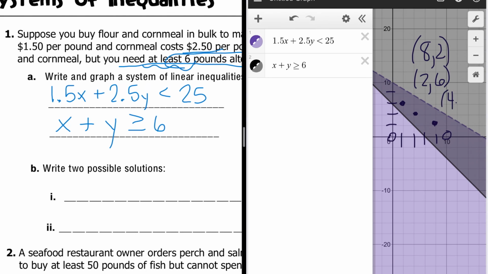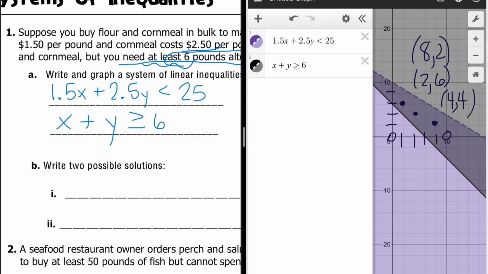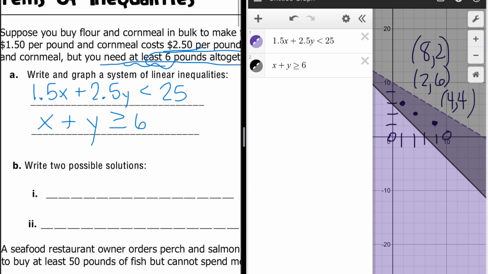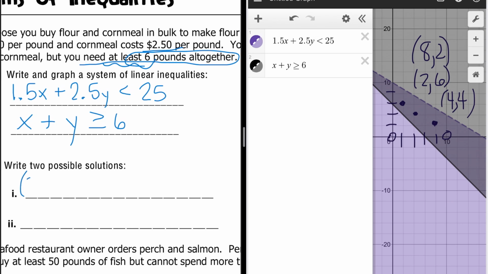Now, when they ask you for two possible solutions, they're not asking you to tell them the point. They're asking, well, what about the flour? What about the cornmeal? So if 8, 2 is one solution, what that really means is 8 pounds of flour and 2 pounds of cornmeal.